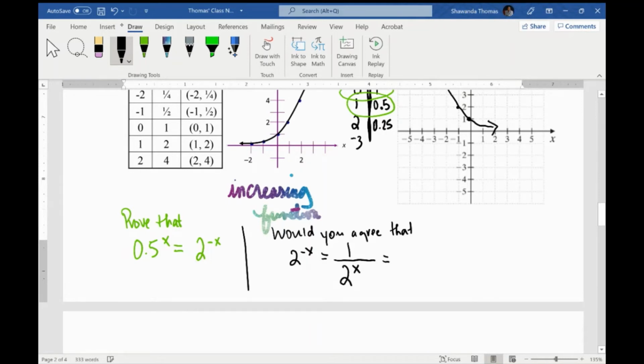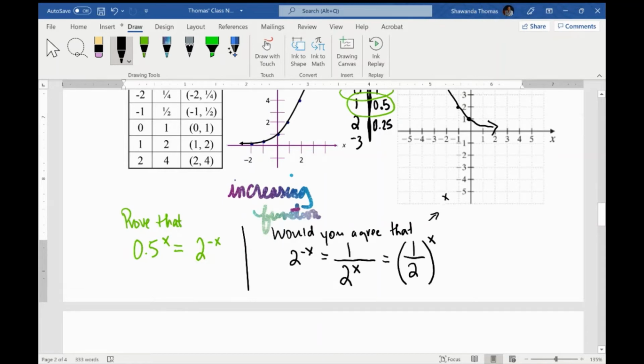Would you agree that this is the same thing as 1 over 2 all to the x power? Yes. Right? Because there's a rule that says you can split this up as 1 to the x over 2 to the x. But 1 to the x will always remain 1.